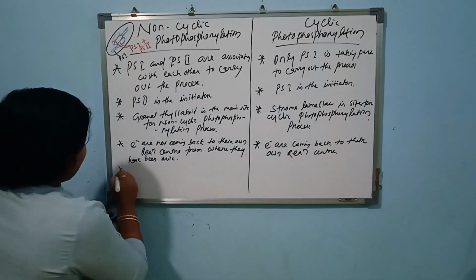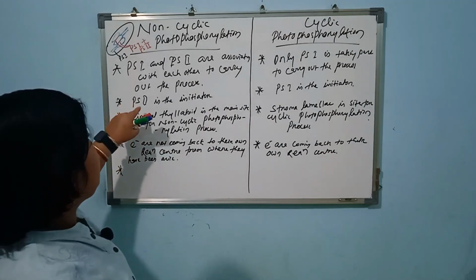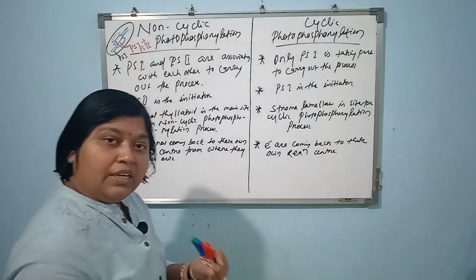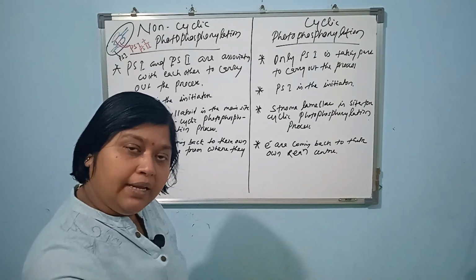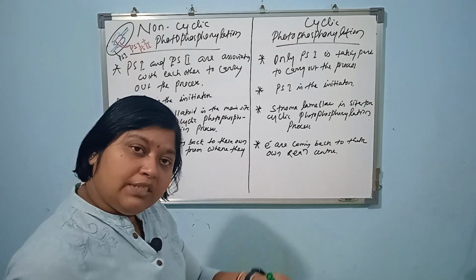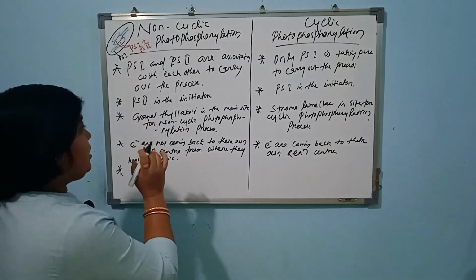In the non-cyclic photophosphorylation process, pigment system 2 is the initiator. From there electrons are expelled and the process starts.